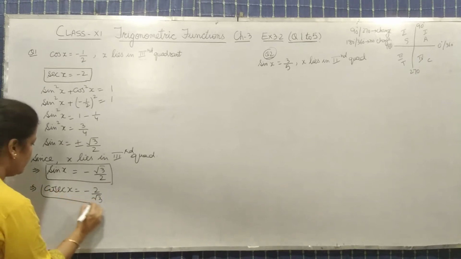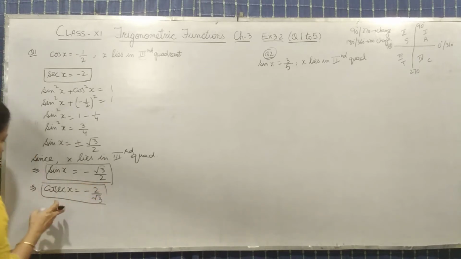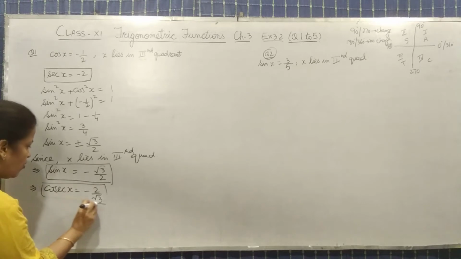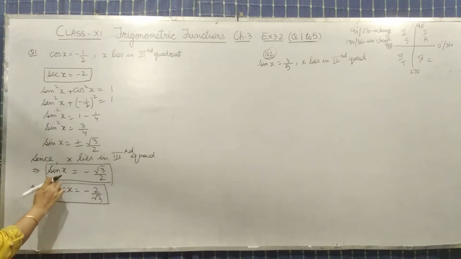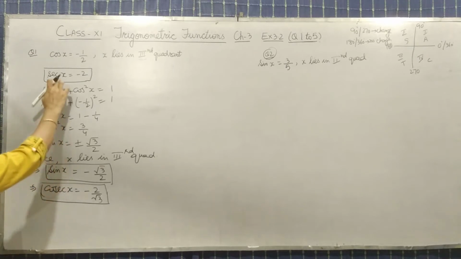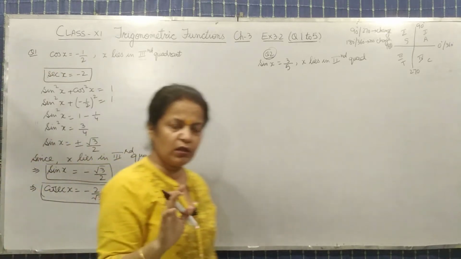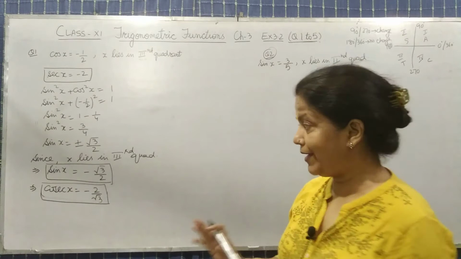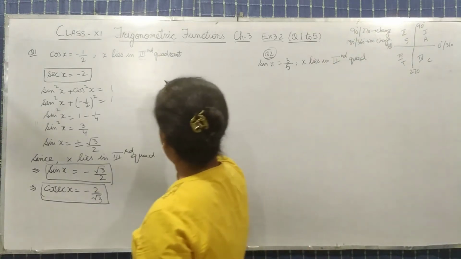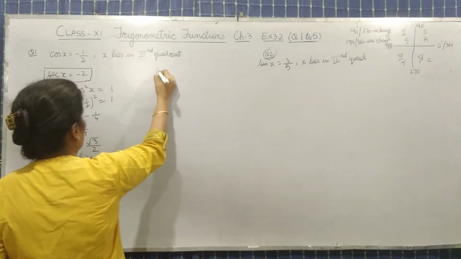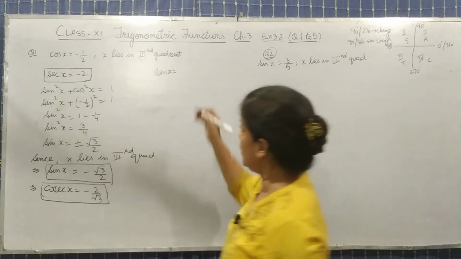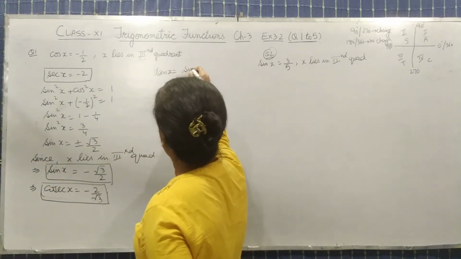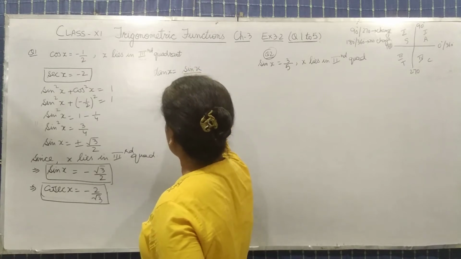Now, what should be the remaining trigonometric term which you have to find out? Sin, cosec, sec, we have got. Now we have to find out tan. So, tan x is sin x upon cos x.